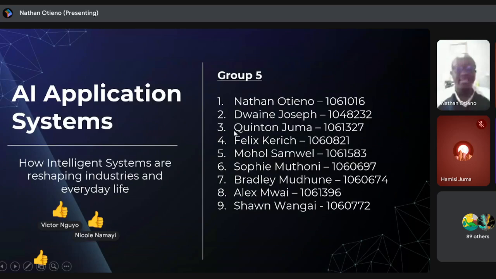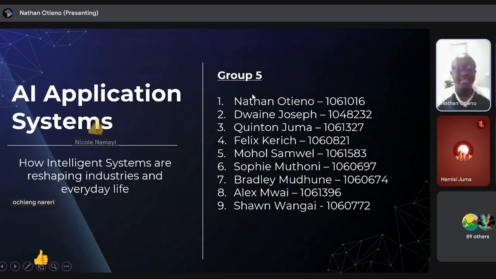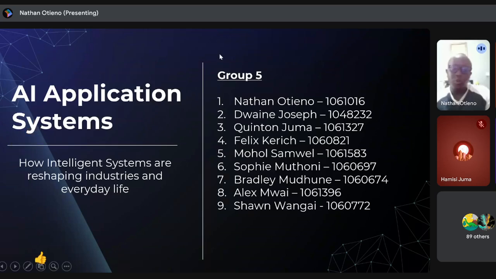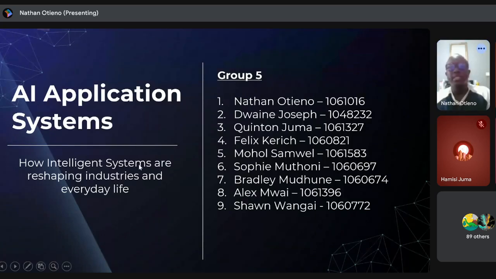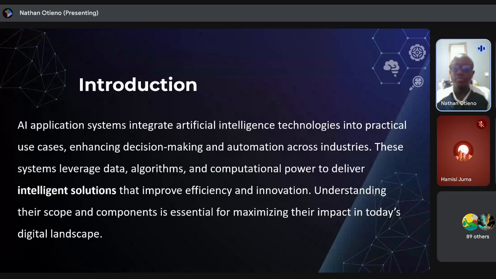So we are group 5, and our presentation will be about AI application systems. We'll be talking about how intelligent systems are reshaping industries and everyday life. For the introduction, AI application systems integrate artificial intelligence technologies into practical use cases, enhancing decision-making and automation across industries.